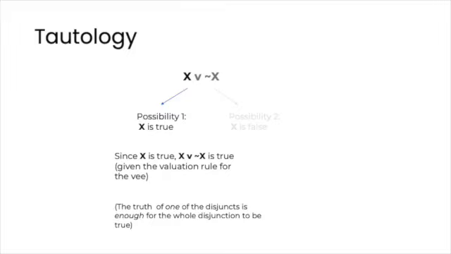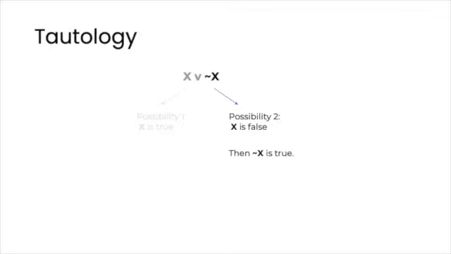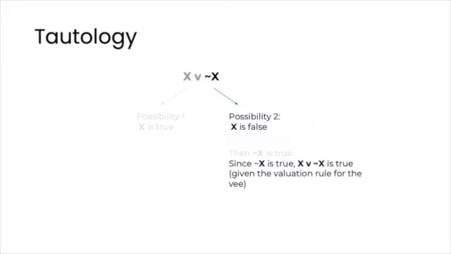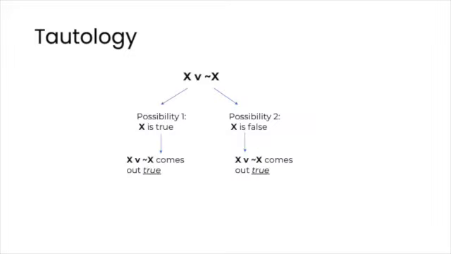Because if one of the disjuncts is true, then the whole disjunction is true. If, on the other hand, X is false, then not X is true. But then, given the disjunction rule, not X makes X or not X true, just as before. So, no matter what happens, X or not X will come out true. And this is all due to the rules that define the meanings of the connectives of SL.